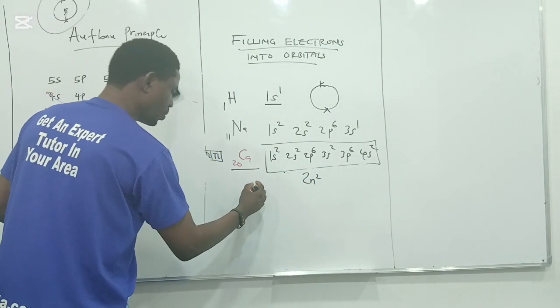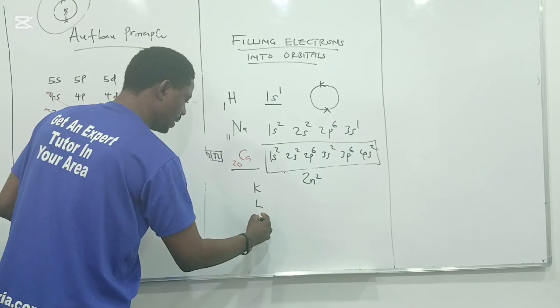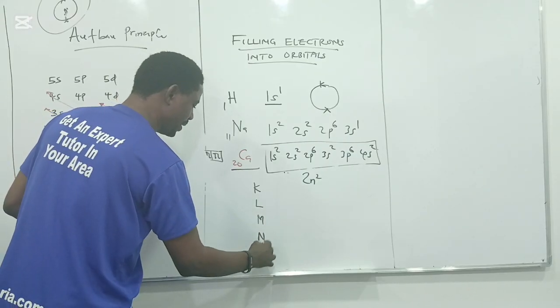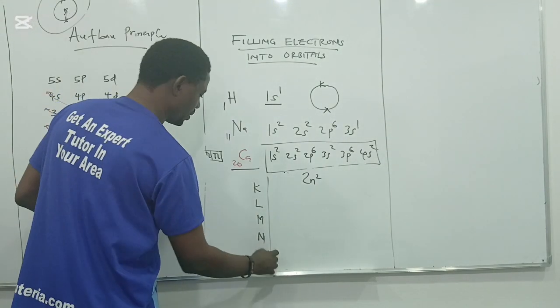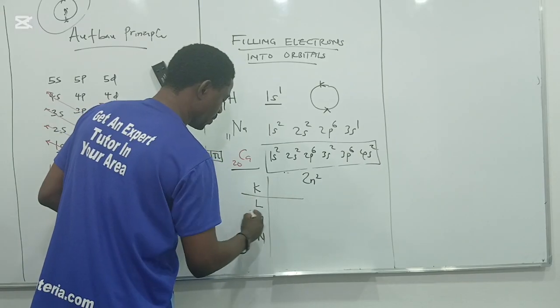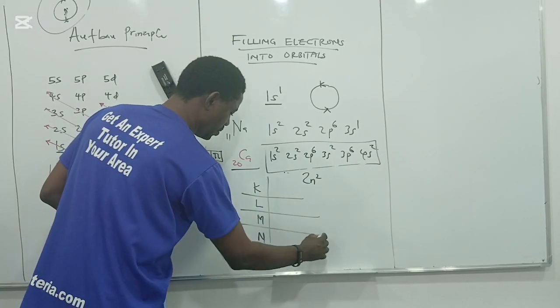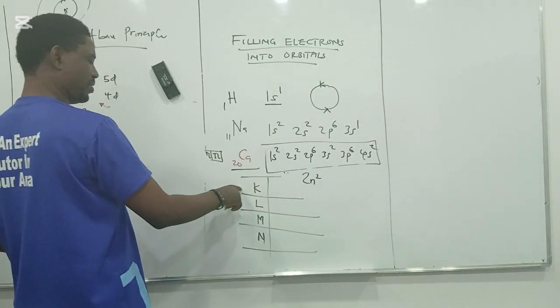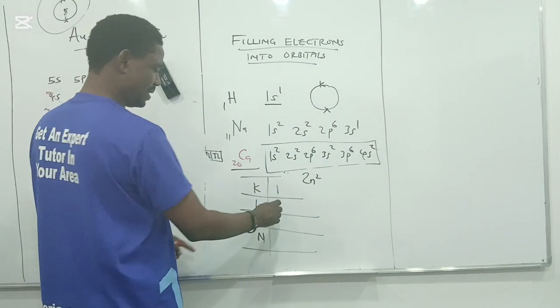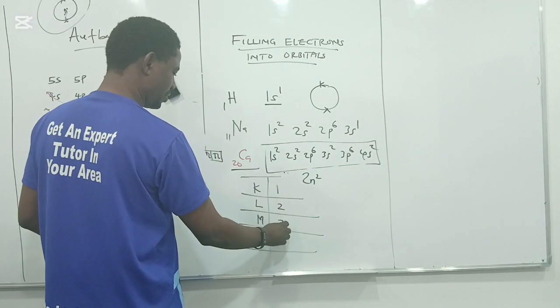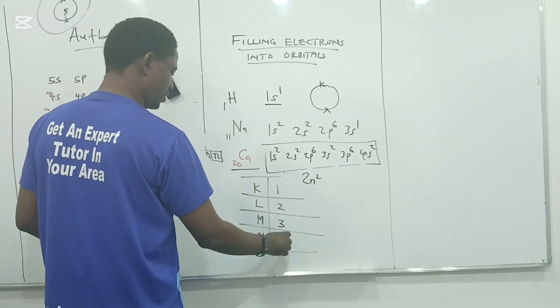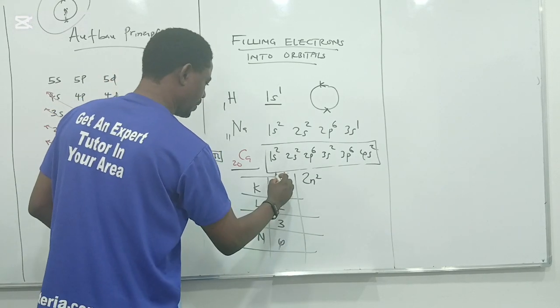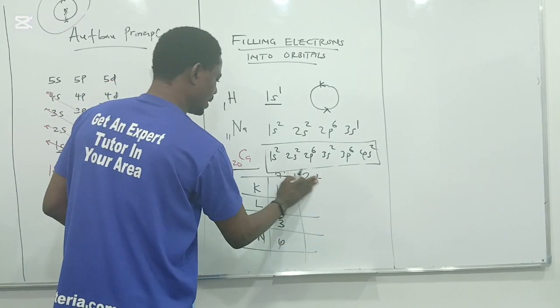All right, so we have K, L, M, N. Let's follow this story because it's very interesting. Some of you have a little issue concerning this without knowing. K is the first shell, L is the second shell, this is the third shell, and this is the fourth shell, so we'll put N there.